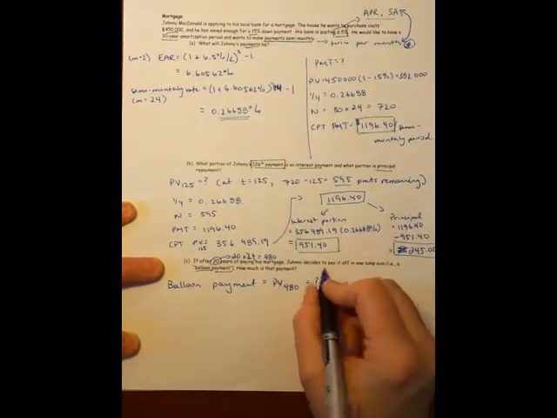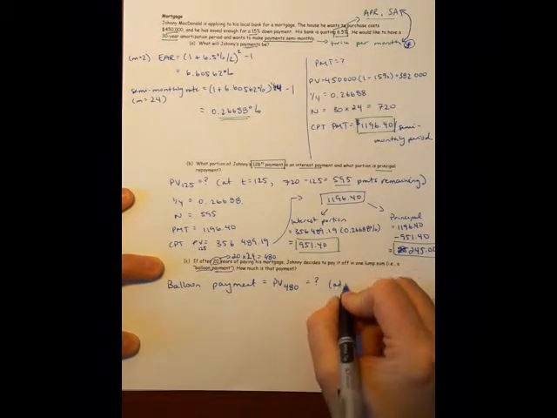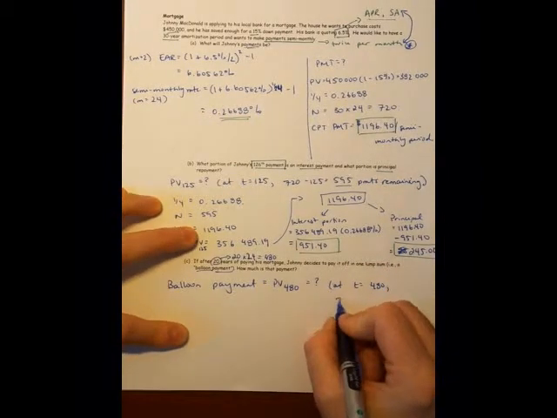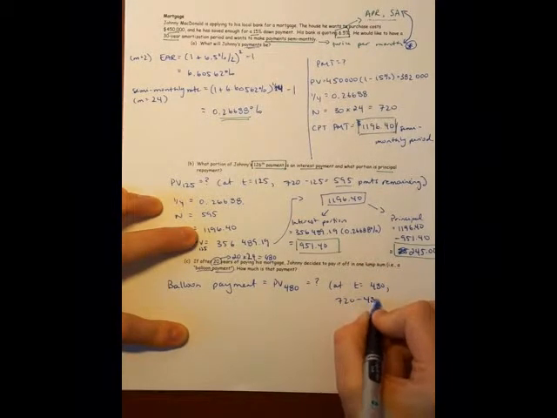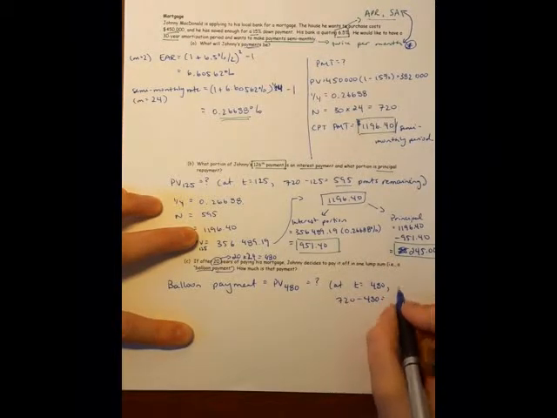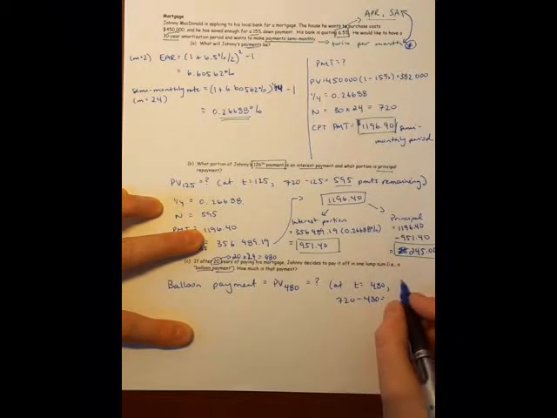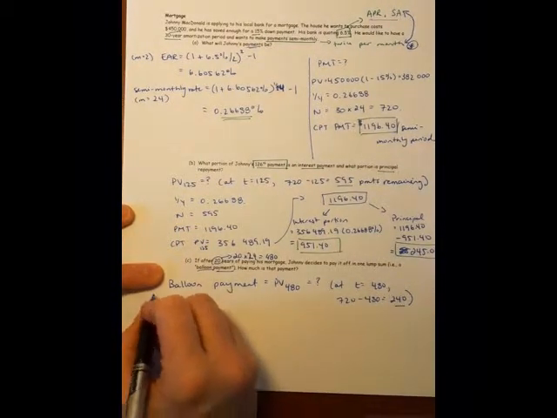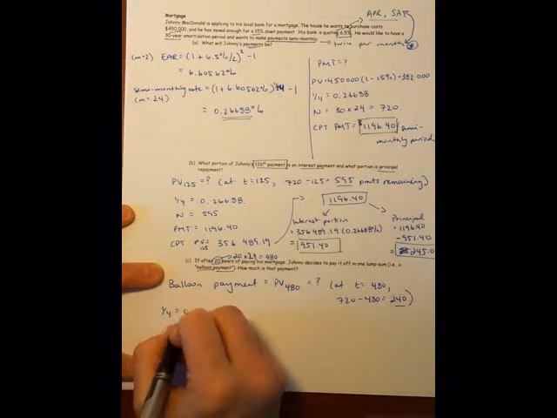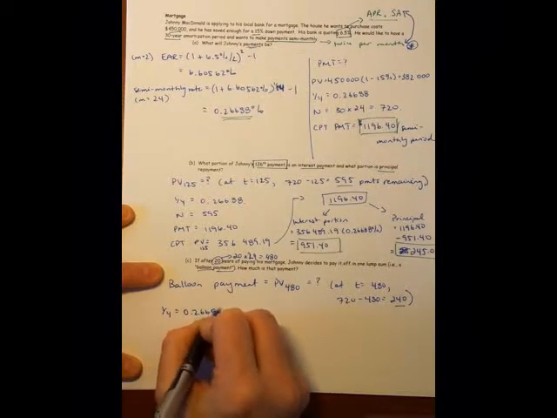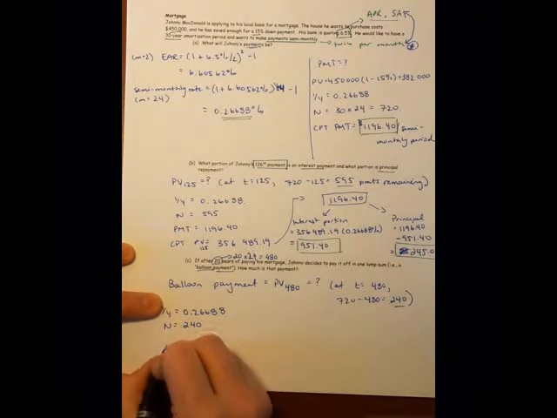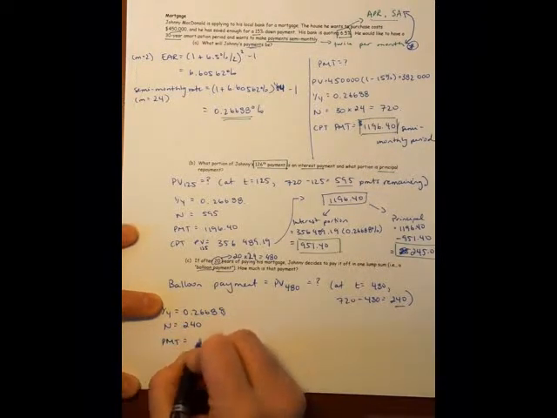At time equal to 480, we have 720 minus 480, that's equal to 240. That's the number of payments remaining, and that will be our N. Again, the interest rate stays the same, 0.26688. Our N is 240 in this question. Our payment is the same.